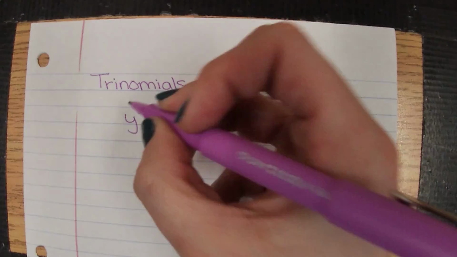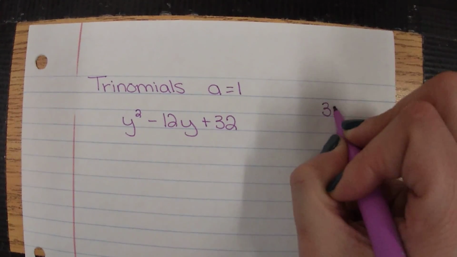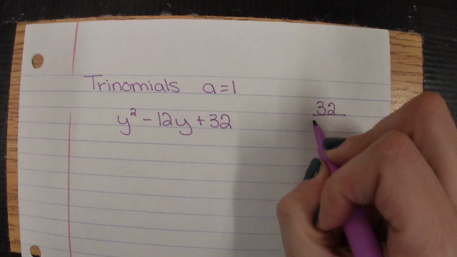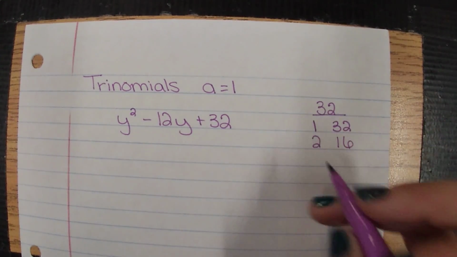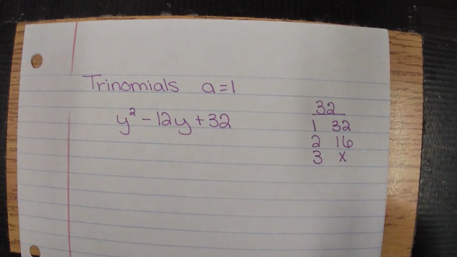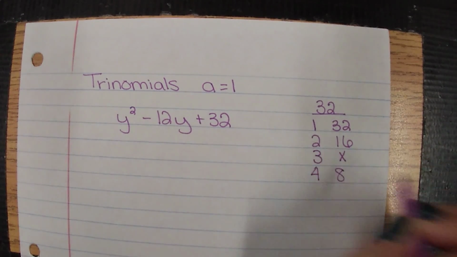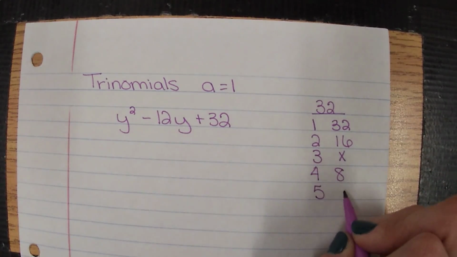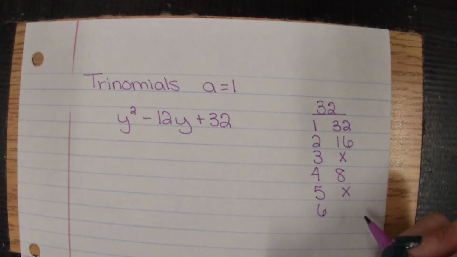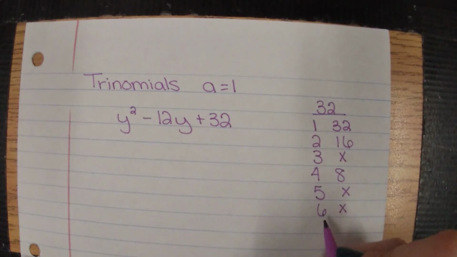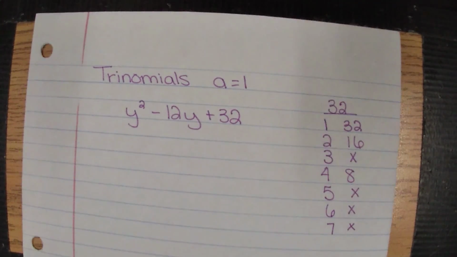So we're still going to start the same, right? 1 and 32 gives us 32, and we're going to make our list. 1 and 32, 2 and 16, 3 and nothing, 4 and 8, 5 and nothing, 6 and nothing. So that's our list.